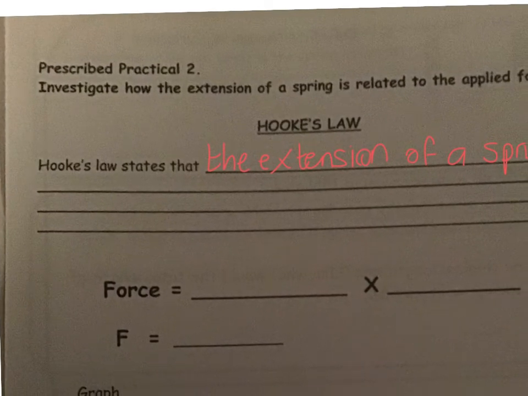We've seen that in the video with Brian Cox when he was saying if you stretch it with a force of 2, you will get an extension of 2. So if one thing alters, the other one alters in exactly the same way. That is what directly proportional means here, to that force supplied to it.